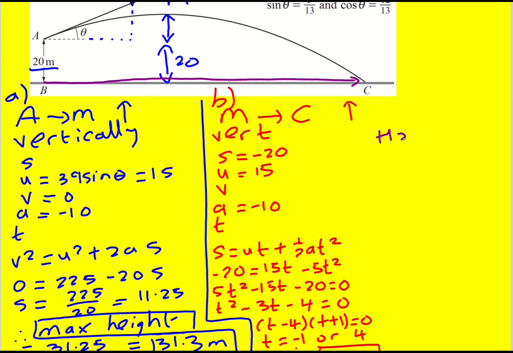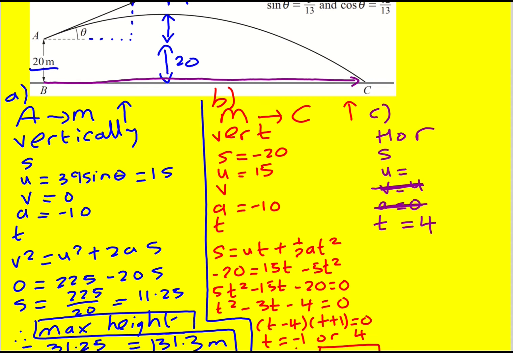So I'm now bringing in the horizontal part. T is going to be 4 seconds. The acceleration is actually 0, which means the final velocity is the initial velocity. We're just using speed equals distance over time, or velocity is displacement over time.